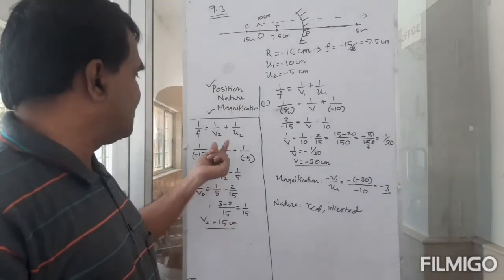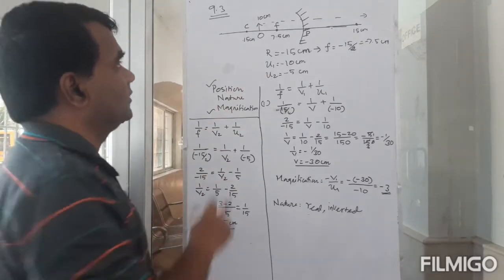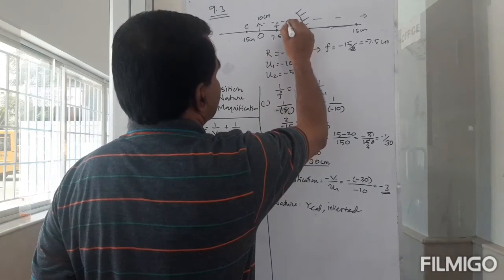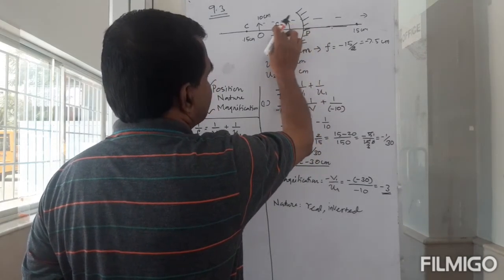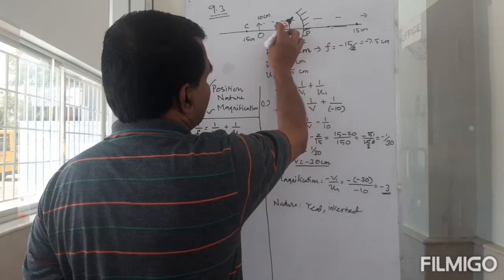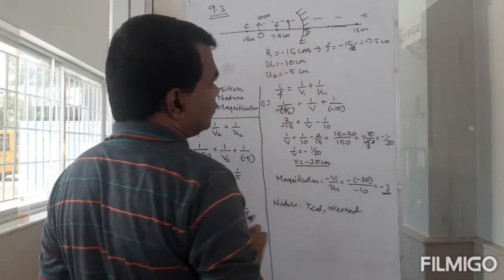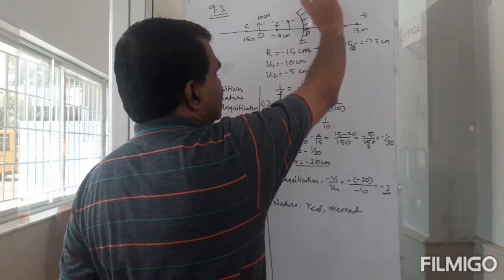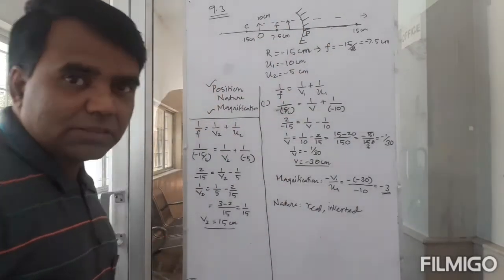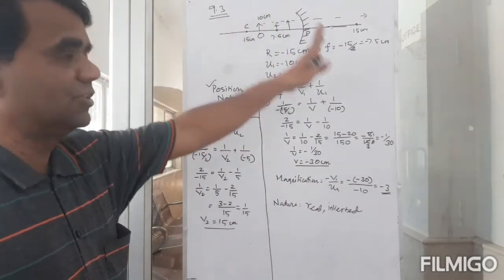Okay, but that is understandable. You see, we are keeping it at 5 centimeters. Where is that? 5 centimeters is here, right? Because if this is 7.5, then 5 must be here. You are keeping it between the pole and the focus. So clearly, you are going to have an erect image.